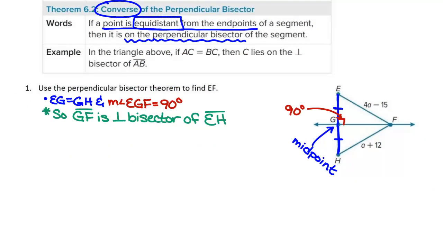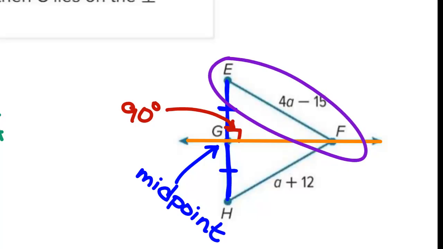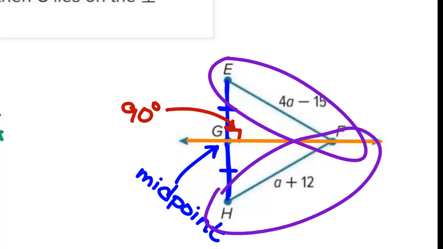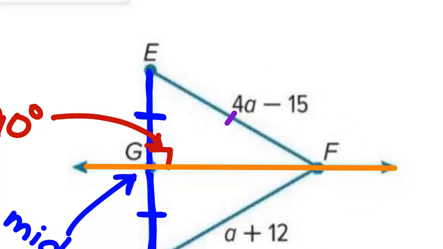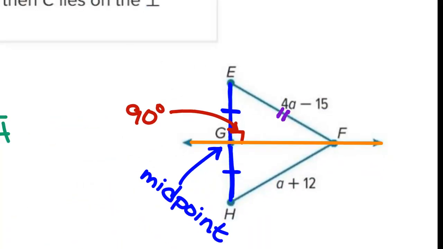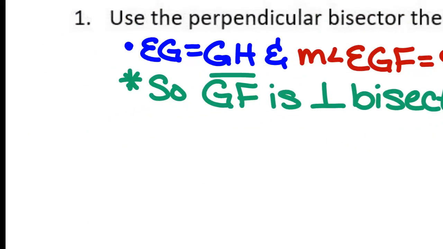So now let's see if we can apply that idea, because we know that GF is the perpendicular bisector. What does that mean about the lengths of EF and HF? They are congruent, yes. F is on that perpendicular bisector, so EF and HF are congruent.